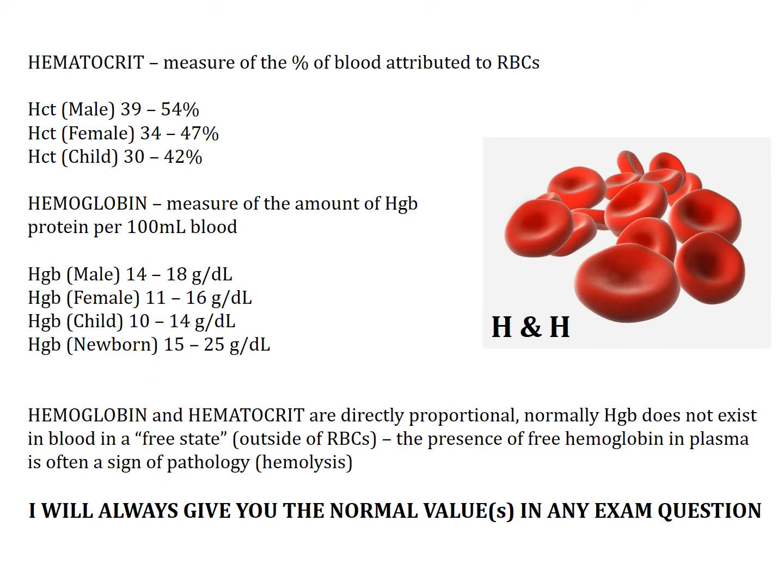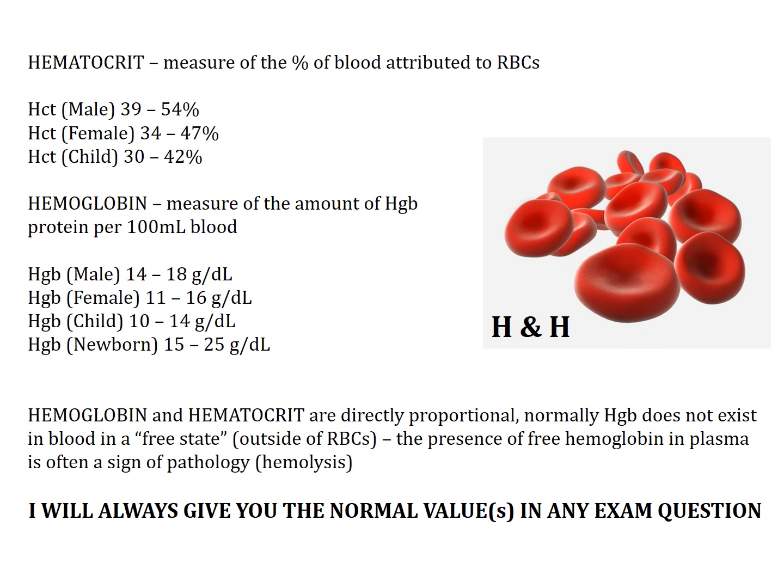All right, so the hematocrit is a measure of the percent of blood attributed to the red blood cells. You can see the different ranges there by male versus female versus child versus an adult. It is the monthly loss of red blood cells during menstruation which makes the hematocrit values in women of childbearing age a little bit lower than that of age-related males.